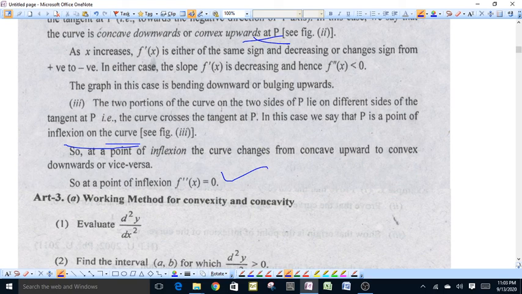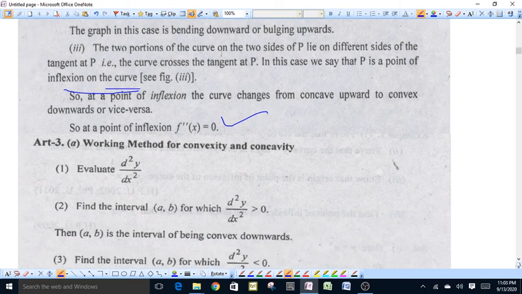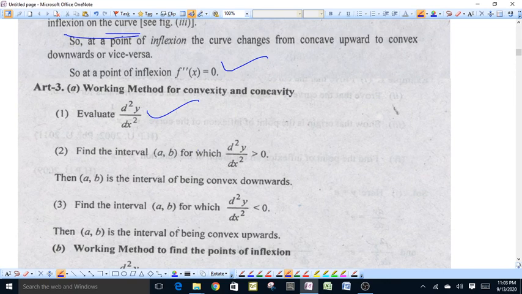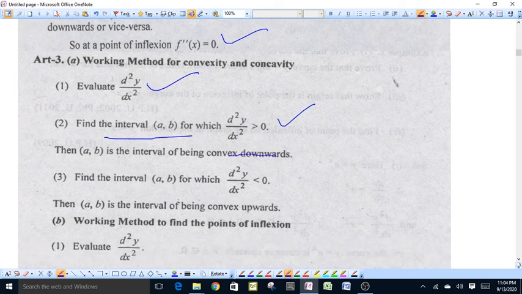Now we discuss the working method to find the concavity and convexity of curves. First step is to find the second order derivative of the curve or function. Second step is to find the interval where the second order derivative is positive, and in this interval the curve will be concave upward or convex downward.